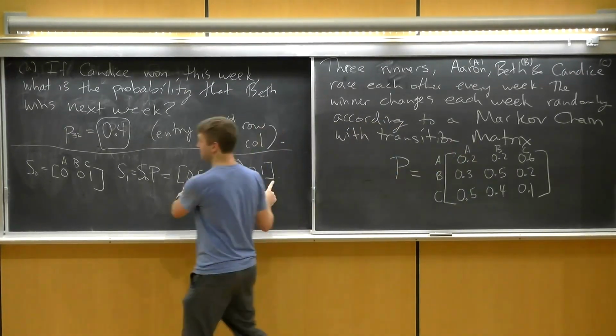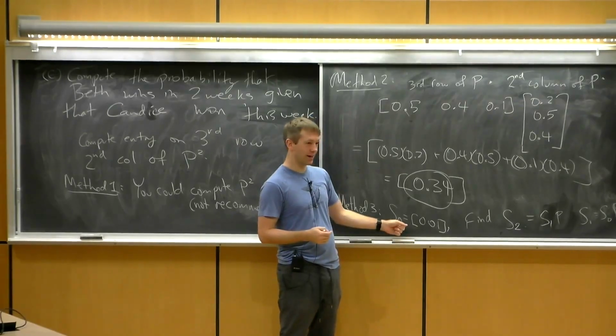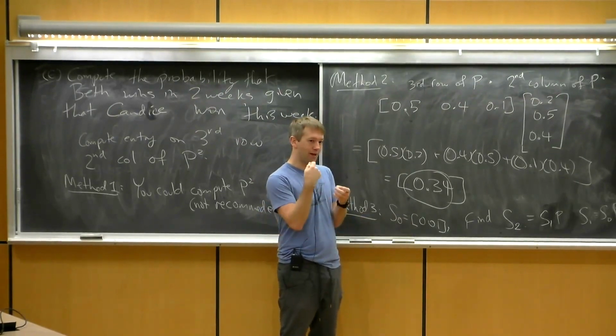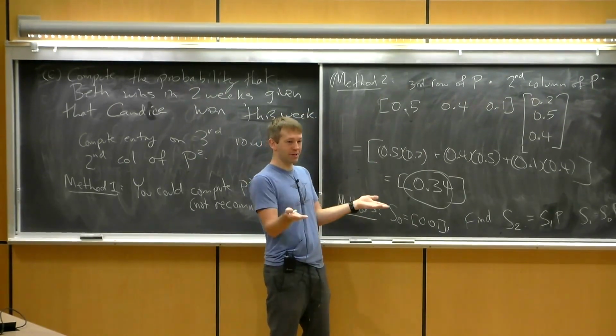Because when I do this matrix times P, it's going to do 3 different calculations, but one of them is going to give me this value. I don't know if that helped or not. But basically the idea here is we're asking what's the probability Beth wins in 2 weeks, given this initial state. So you start with this initial state, you multiply by the transition matrix twice, and that'll give you the probability of being in any possible state after 2 weeks.